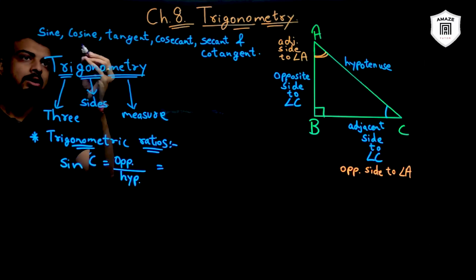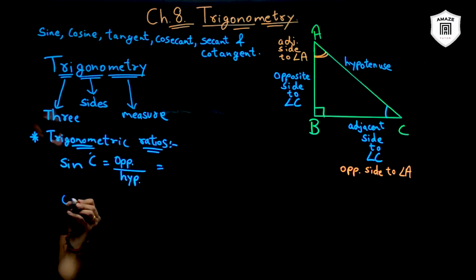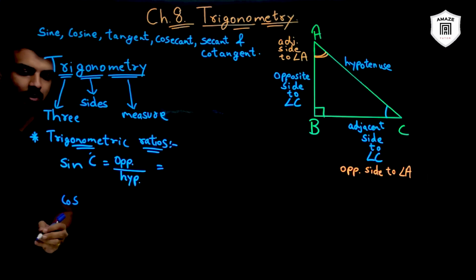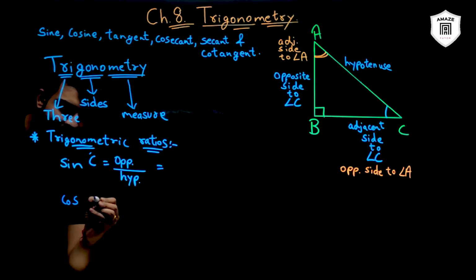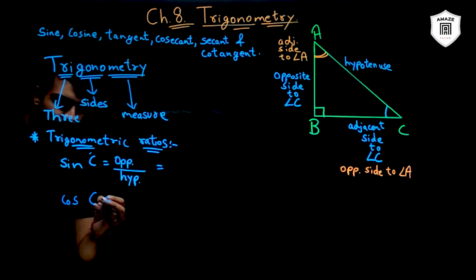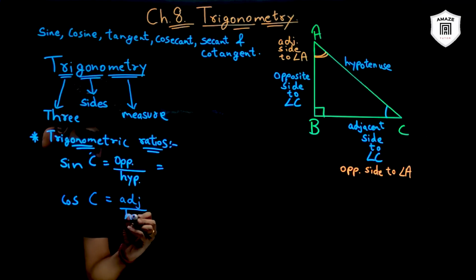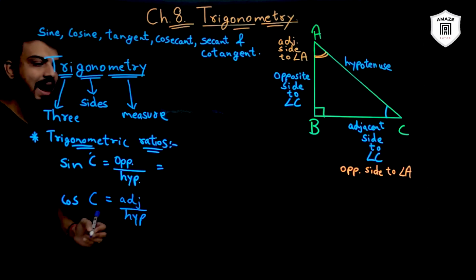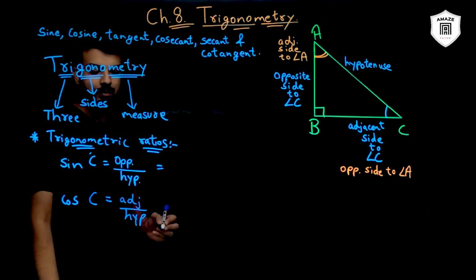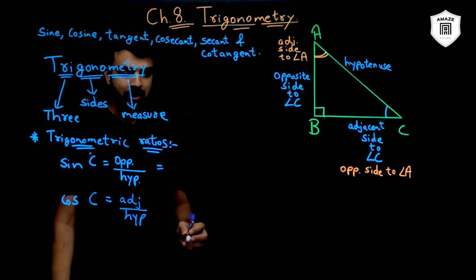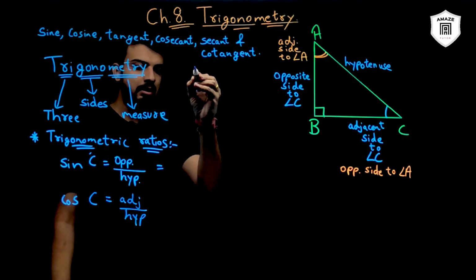Next, cosine in short is written as cos. Let us take the same angle, angle C. Let me write down all the formulas first. Cos C is always adjacent upon hypotenuse.